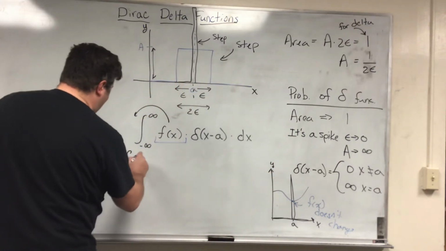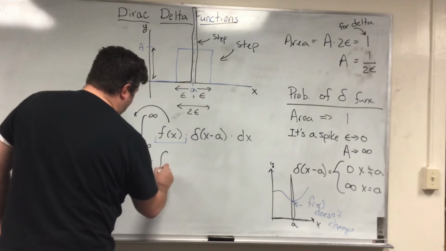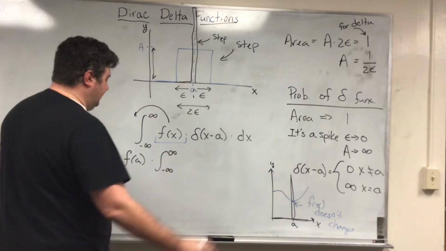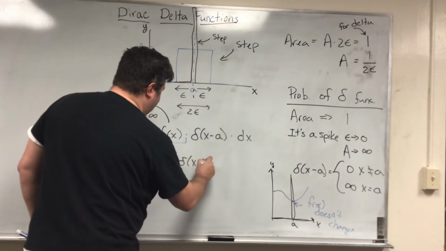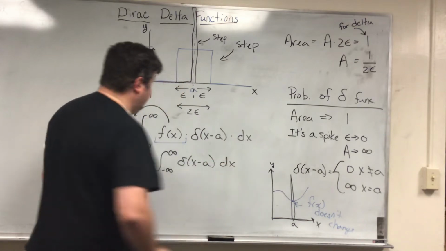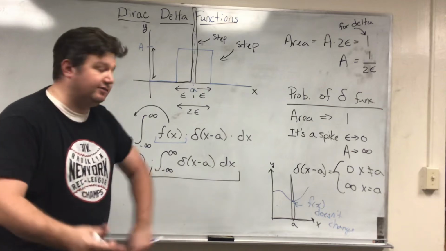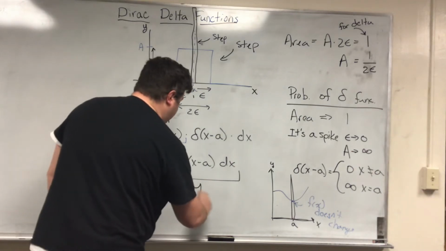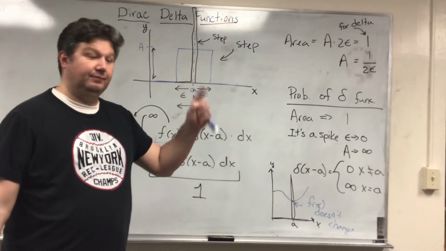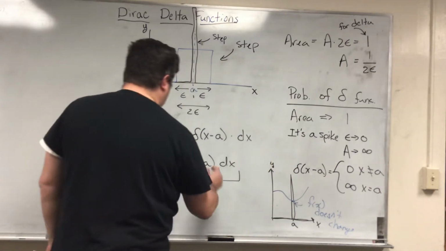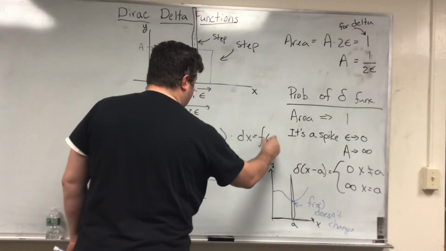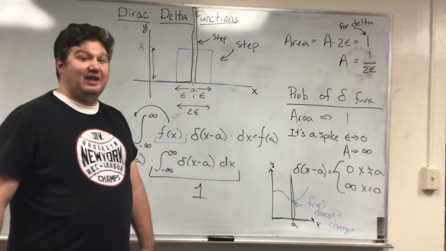So you get f of a times the integral from minus infinity to infinity of delta of x minus a dx. And this is just telling me the area under the delta function, which is simply 1. So this integral becomes just f of a.